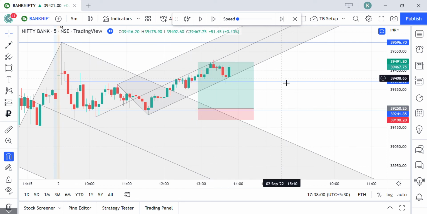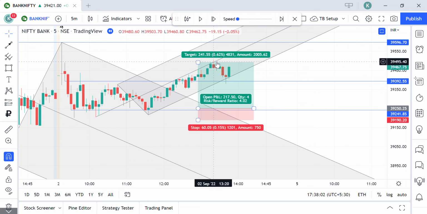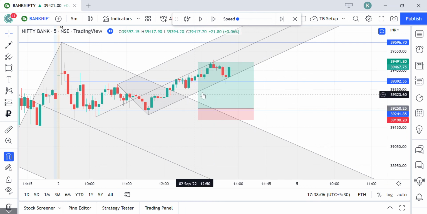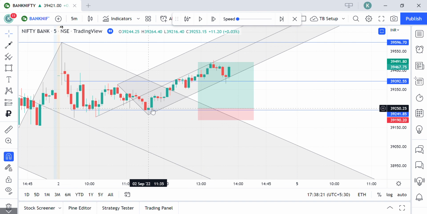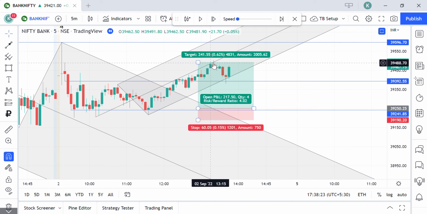So we should have certainly exited the trade at this level, but again the bottom line of this pitchfork is indicating a strong reversal towards upside, but we have a successful trade so far with 1 is to 3 risk reward ratio, and we have made some decent profit entering the call option at this level and exiting the trade here. Now, this is how we analyze trades, guys.